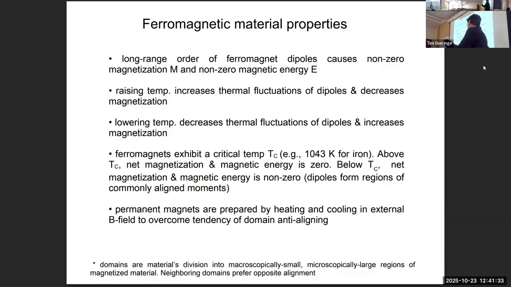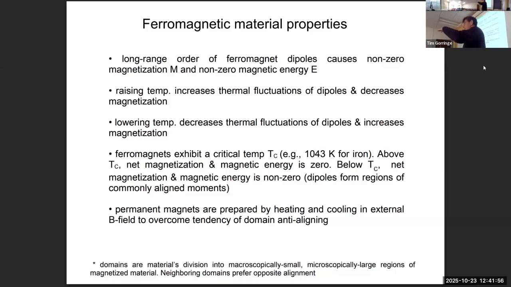If you raise the temperature of the material, you'll raise the thermal fluctuations of the material, the random fluctuations, and the amount of magnetization or alignment will shrink, will decrease.